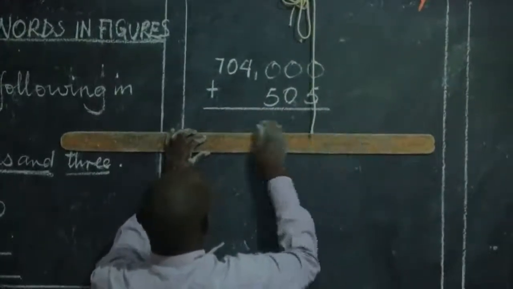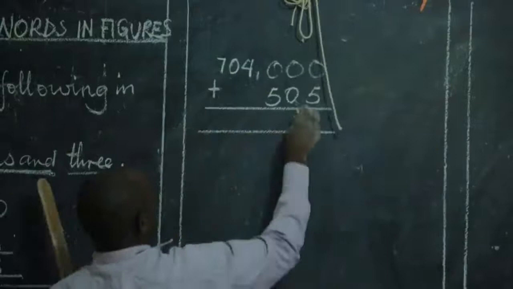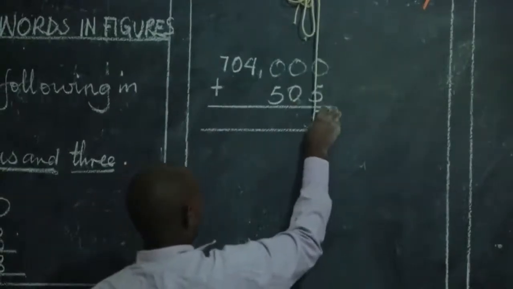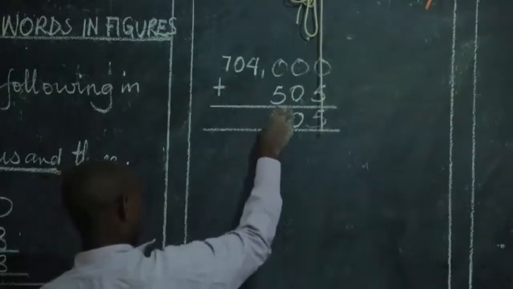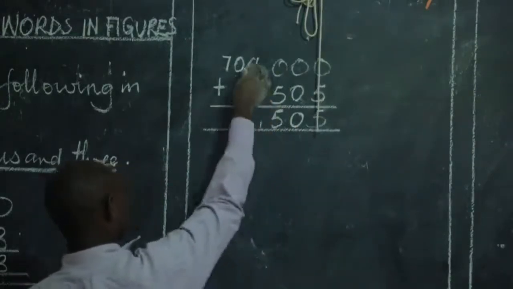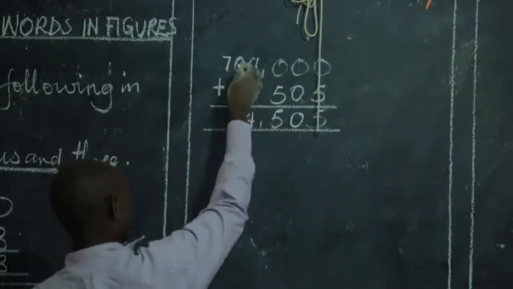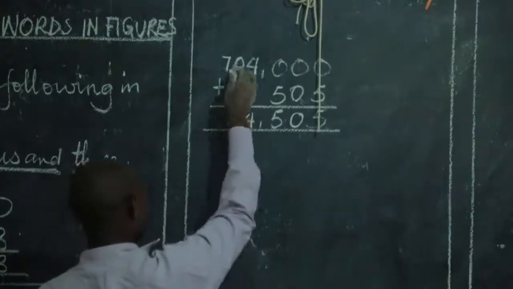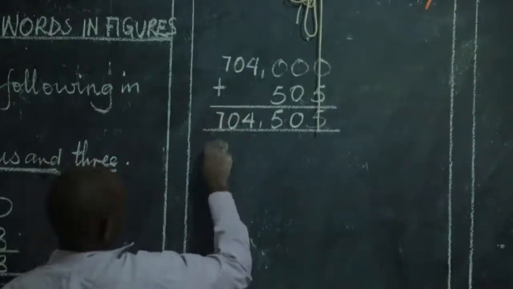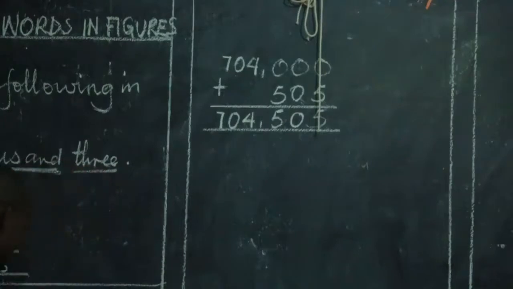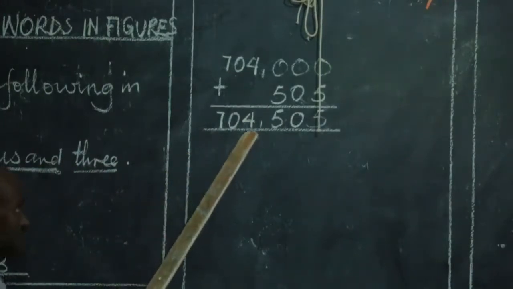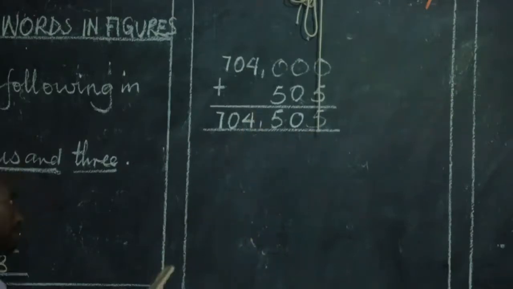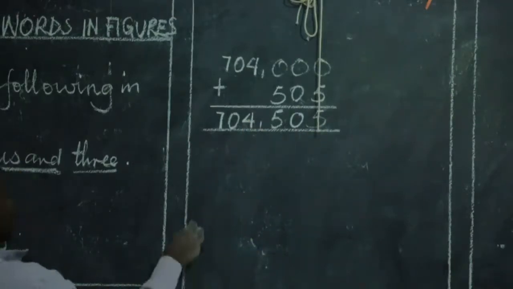We add here 0 plus 5, we shall get 5. 0 plus 0, we are getting 0. 0 plus 5, we get 5. 4 plus 0, we get 4. 0 plus 0, we get 0. 7 plus 0, we get that. So the number which was written in words is here, 704,505.